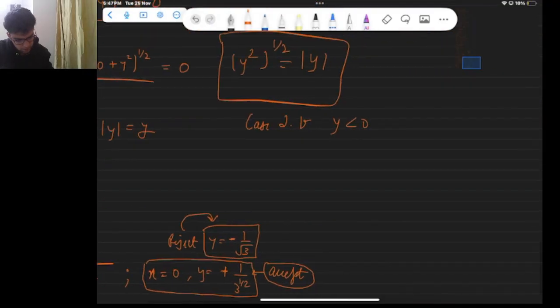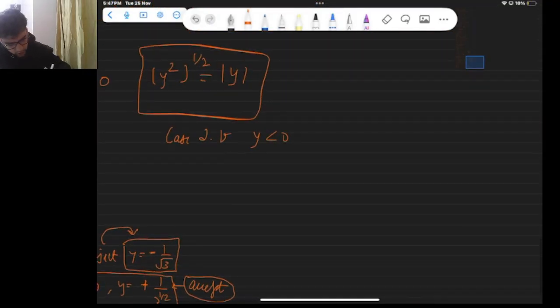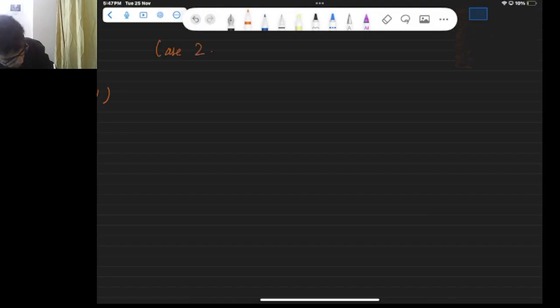So now let's move on and solve case 2b. Here now x is 0, but my y is less than 0.